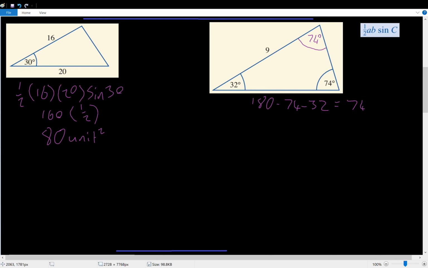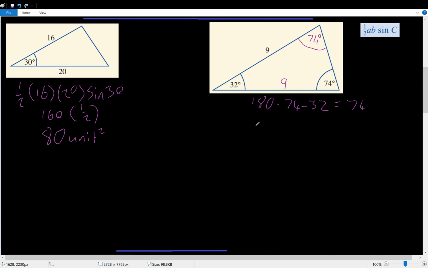So in a triangle, if we've got two equal angles, then the sides opposite those angles are also going to be equal. So this 9 is opposite to this 74 down here, which means this side over here, which is opposite our 74 that we just filled in, is also going to be equal to 9. And now what we have is two sides and the angle in between, so we can get the area for this.